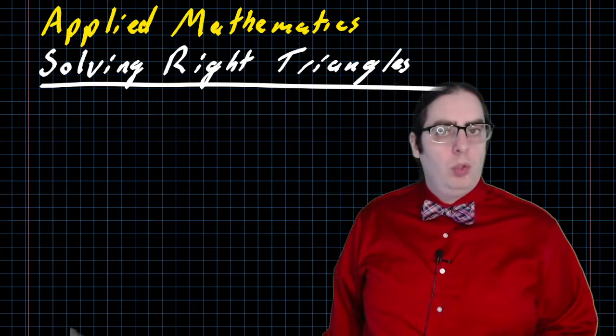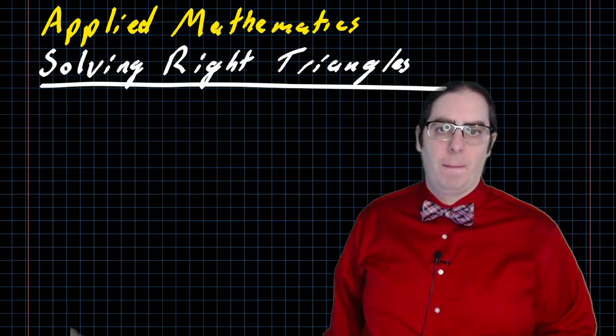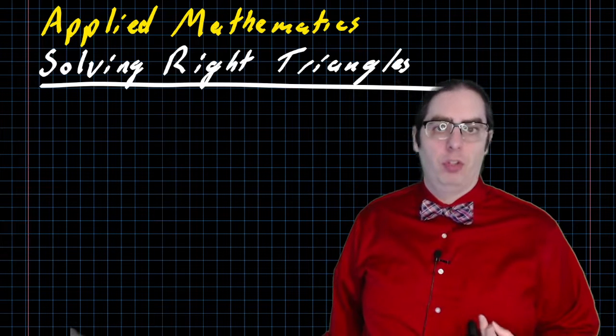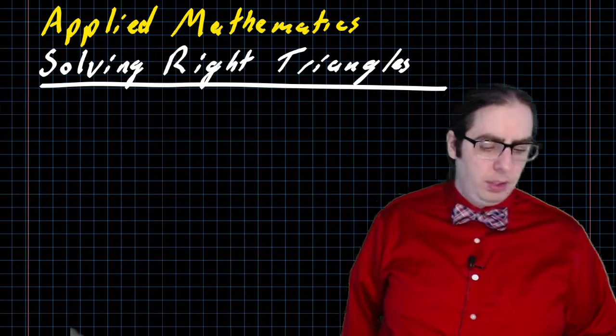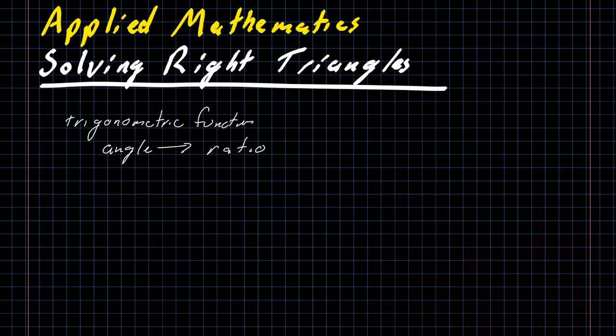Although before we do that, we are going to need one more tool that we haven't discussed so far, and that is the inverse trigonometric function. A trigonometric function is a tool that we've been using that takes an angle and matches it to a ratio.